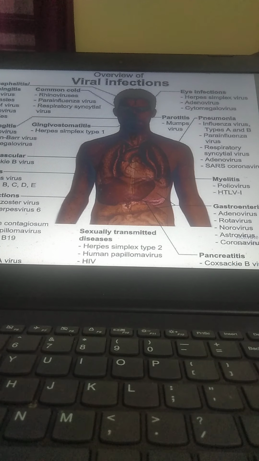We have adenovirus, Epstein-Barr virus, that we call EBV, and cytomegalovirus. For cardiovascular, we have Coxsackie virus. For hepatitis, we have A, B, C, D, E. For skin infection, we have varicella zoster virus.